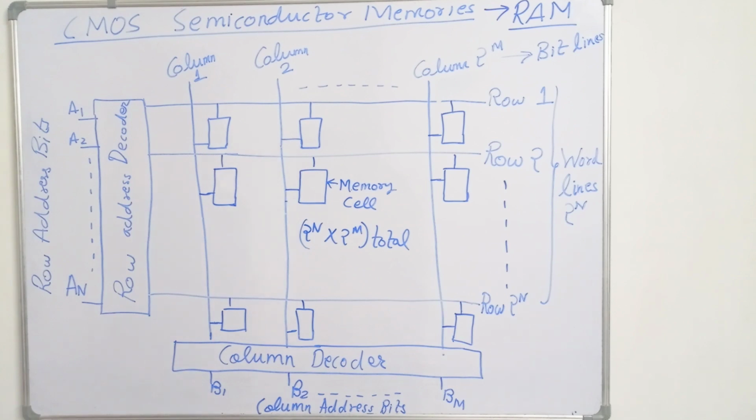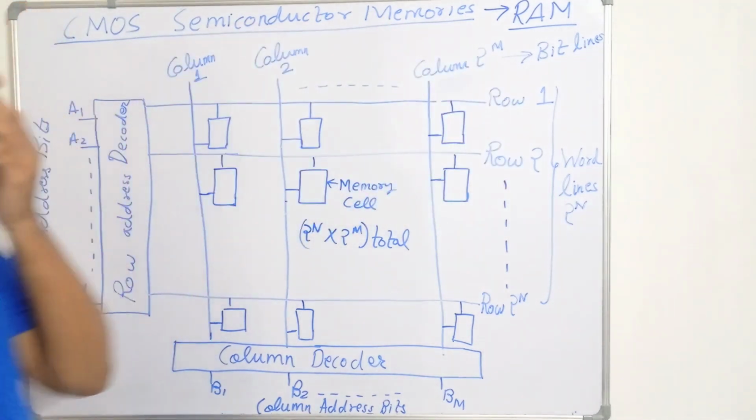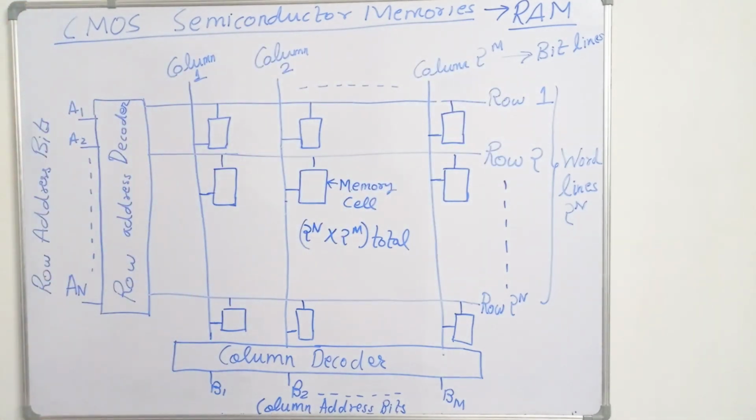And for that purpose we have the row address decoder and the column address decoder. The row decoder circuit will select one of the 2 to the power n word lines depending on the n bit row address. You can see these are the row address bits a1 a2 up to an. So depending on these bits, this address decoder will select one of the 2 to the power n row lines.